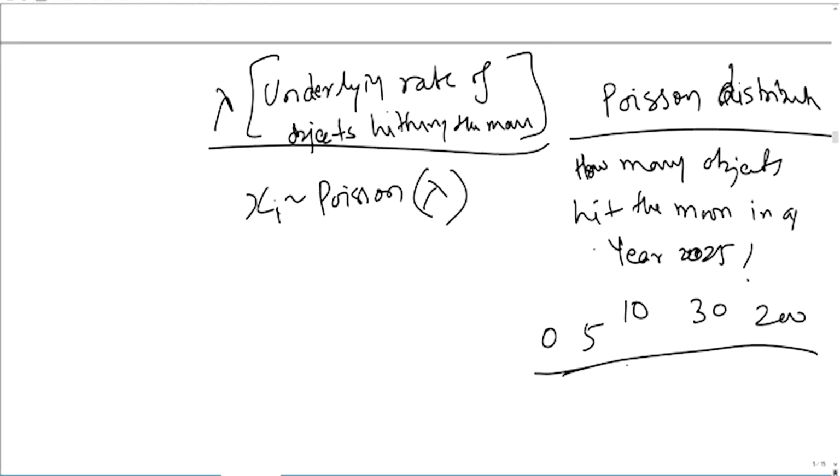Let's say I want to quantify how many road accidents occur in Kanpur on the ith day, a particular day. I can think that this comes from a Poisson process with underlying rate parameter lambda. So lambda is the rate of road accidents in Kanpur. For example, this lambda could differ across cities, so the underlying rate differs across cities, and that would determine how many road accidents occur in a day.